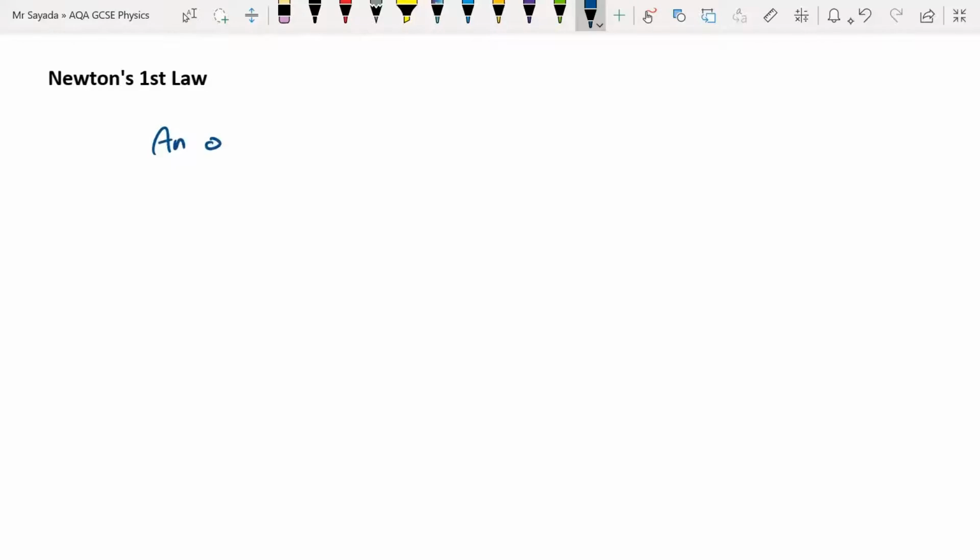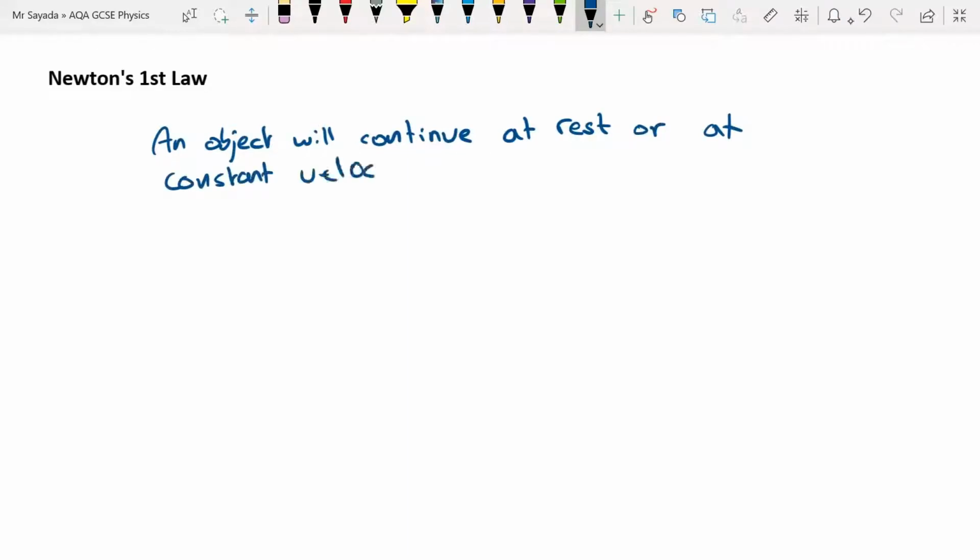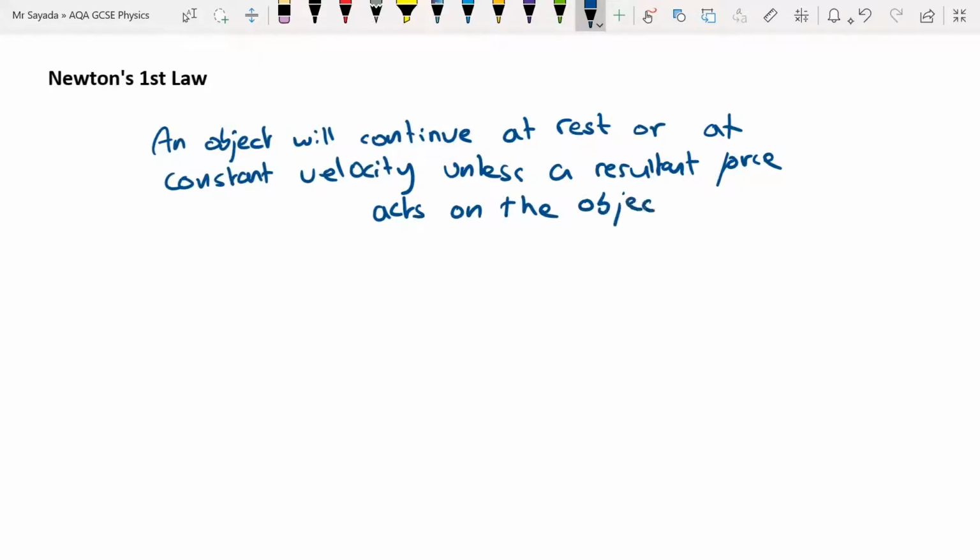An object will continue at rest, which means it's not moving or stationary, or at constant velocity, unless a resultant force acts on the object. Pause the video to copy down this statement and press play once you're ready. So this is Newton's first law.